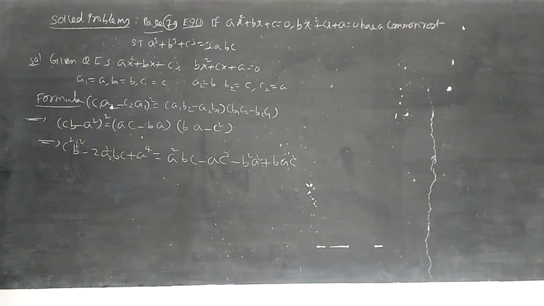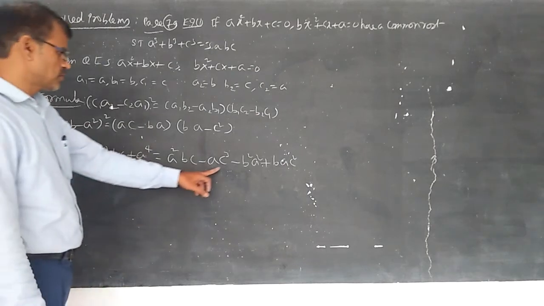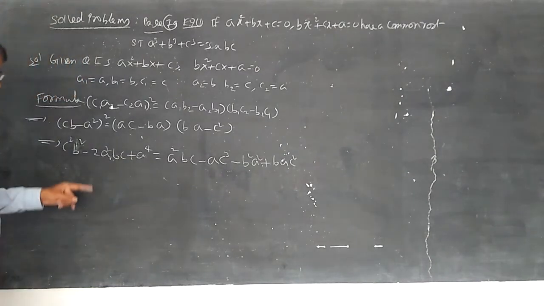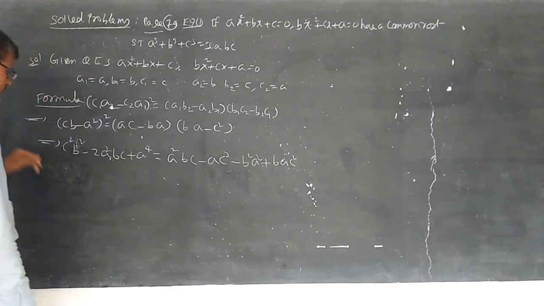So ac cube, here bac square is there, a square bc minus a cube minus b square is equal. For everything a common is there, there is no common here.